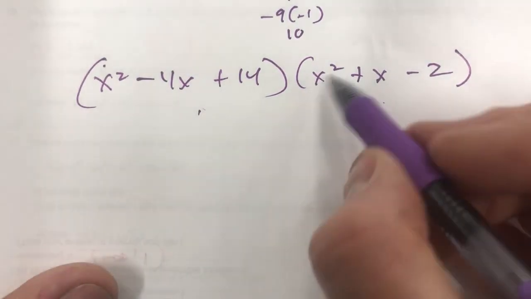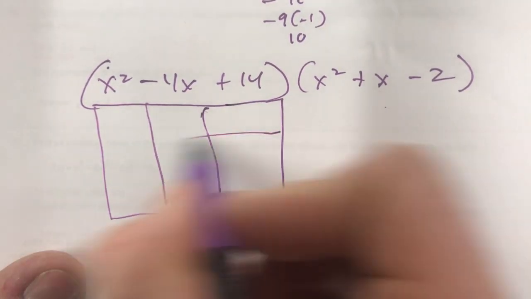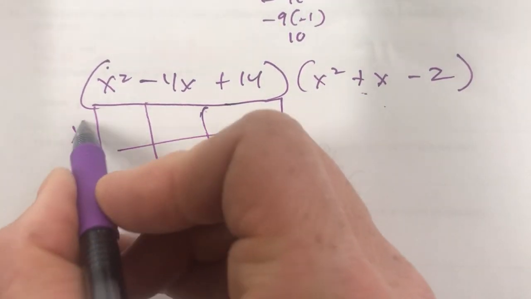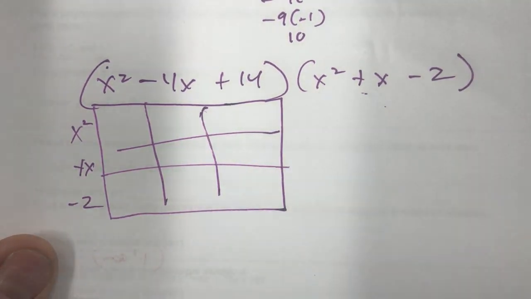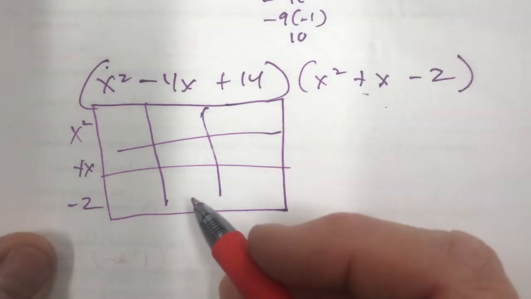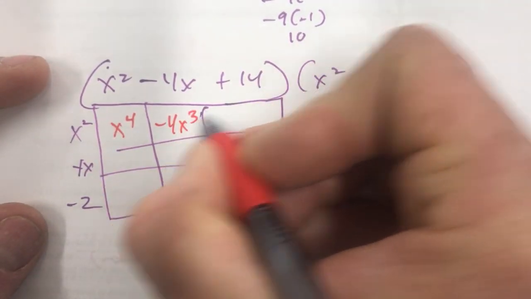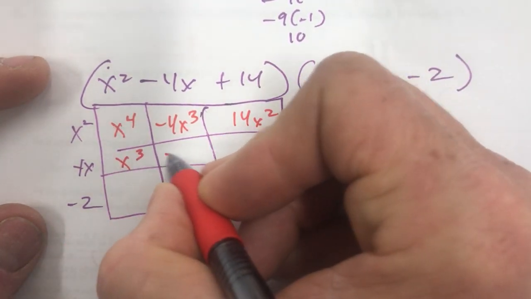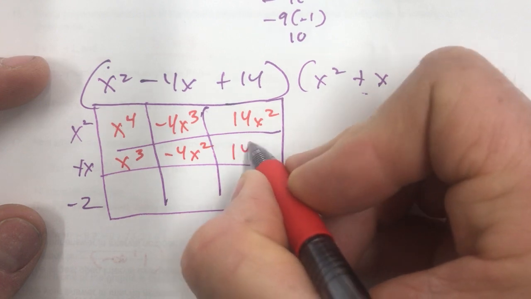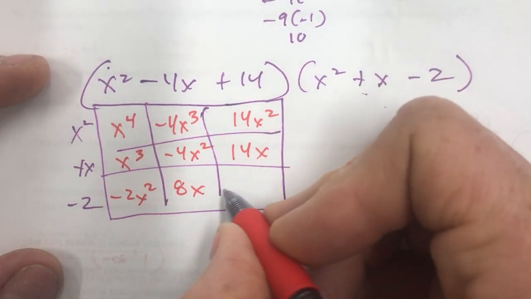All right, so I'm just going to build me a box underneath this one. I'll put this guy to the side here. Now right here I got x to the fourth, negative 4x to the third, 14x squared. This is going to be x to the third, negative 4x squared, 14x, negative 2x squared, 8x, negative 28.